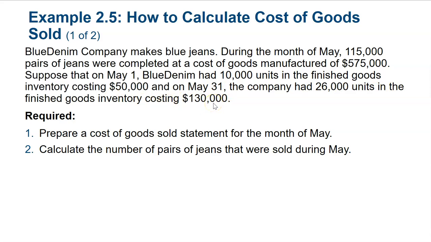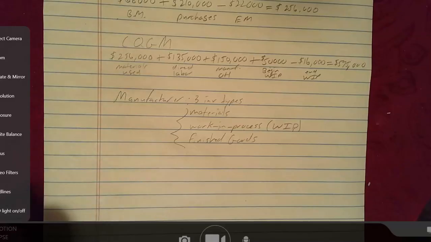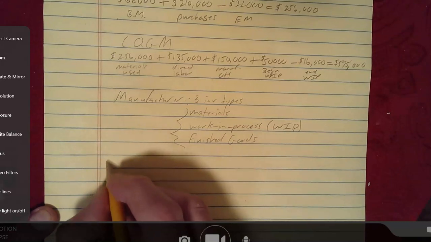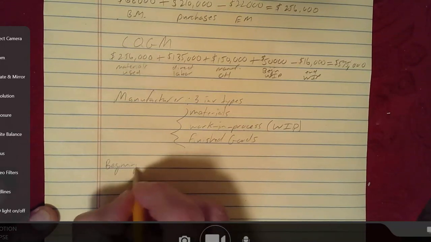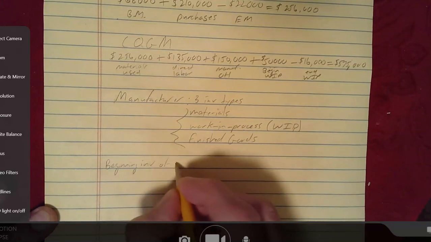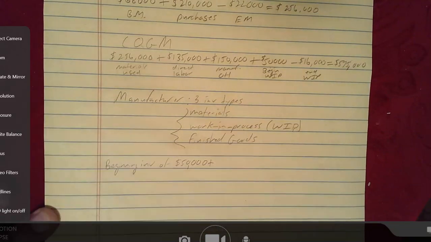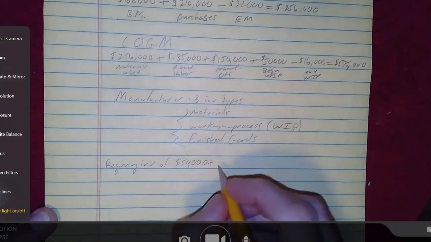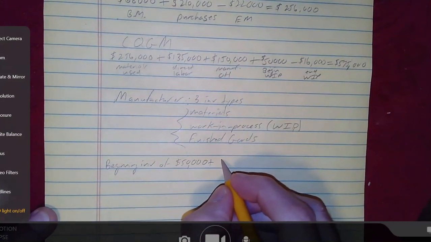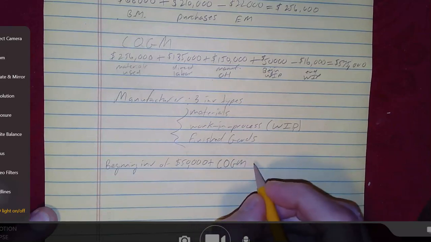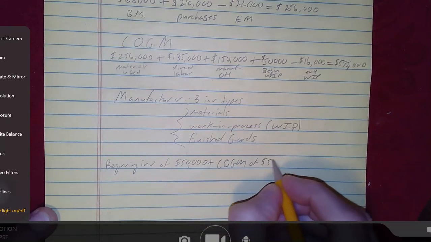If you don't mind, just for a moment I want to focus on this $575,000 of the cost of goods that we manufactured, and then I also want to focus on our beginning inventory of $50,000, plus our cost of goods manufactured of $575,000.